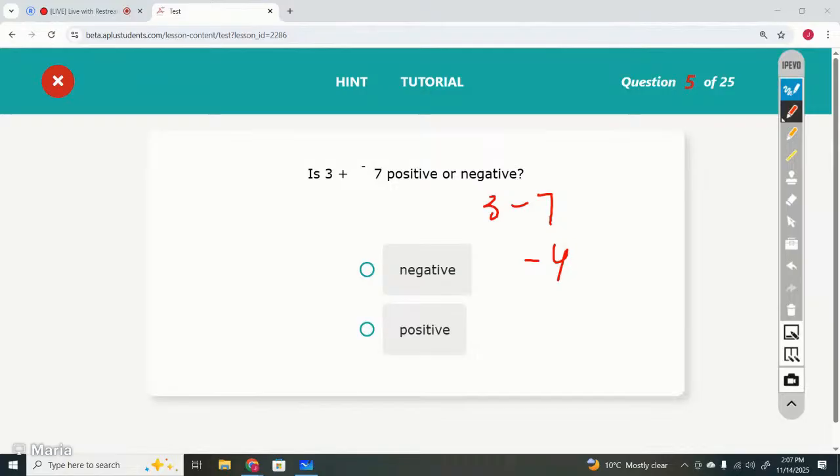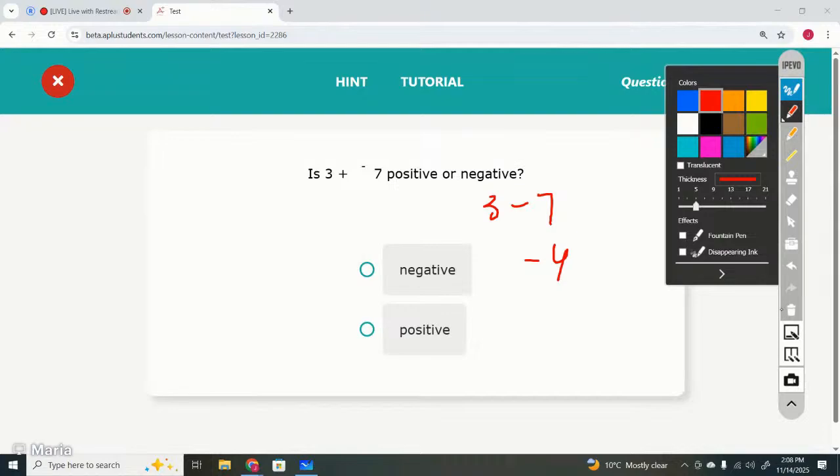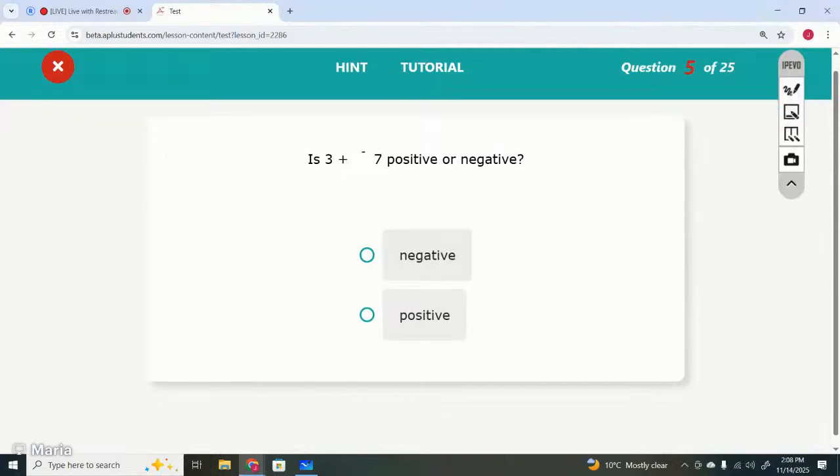So that is negative 4. The correct option is negative. Option number 1 is the correct option.